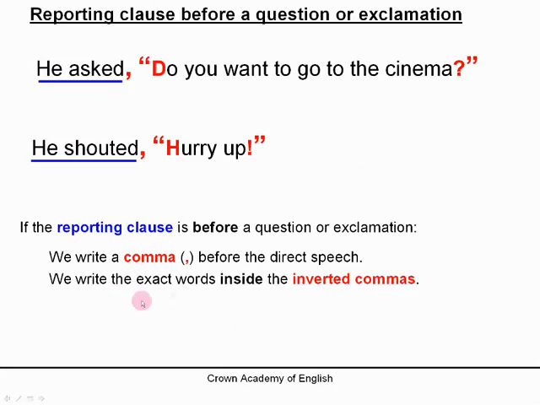Again, we write the exact words inside the inverted commas. So the inverted commas are here and here. These are the exact words. And the first letter, again, is a capital letter. Capital D, capital H.